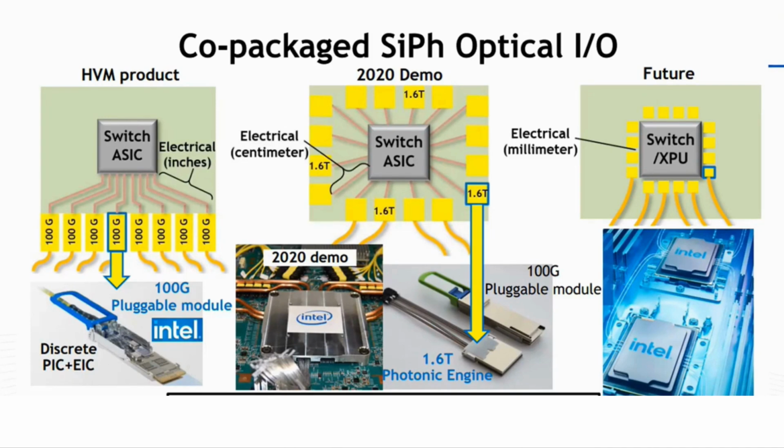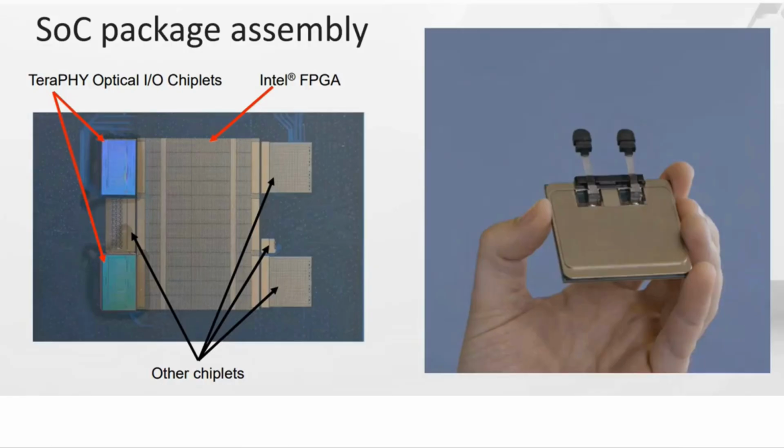If you look at the electrical paths, the size here is around centimeters, here it is around an inch, and in the future Intel wants to achieve these technologies at around millimeters. This is also an example from Ayar Labs, who are working on optical I/O.